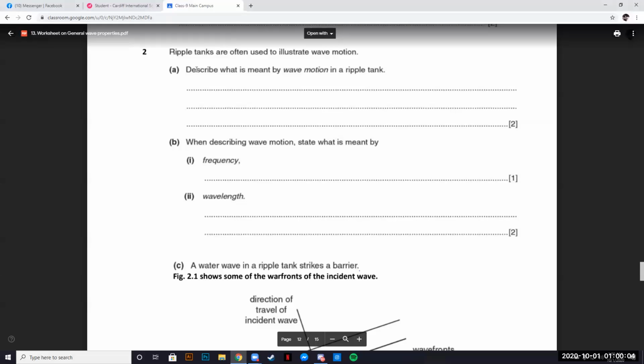So wave motion means transfer of energy, right? And here the transfer of energy is in a water wave. So the particles vibrate up and down. Is it clear? Yes, sir. So you write it.